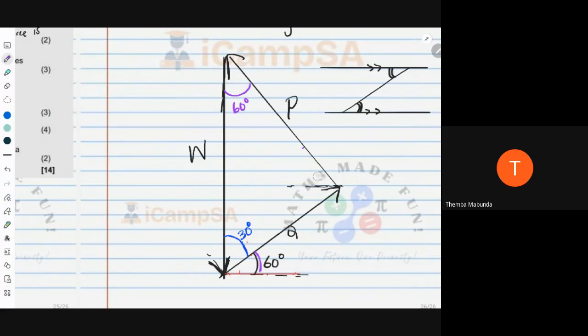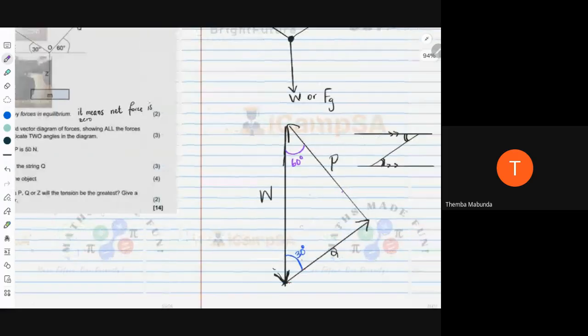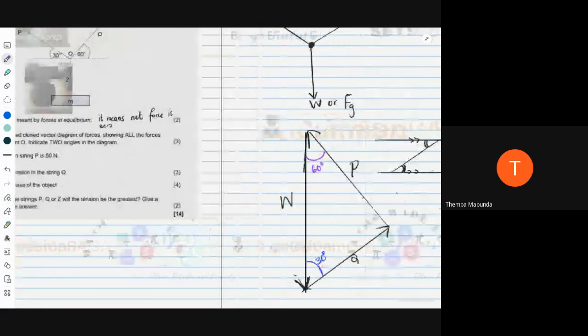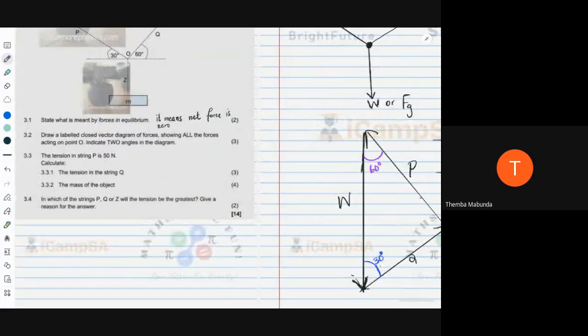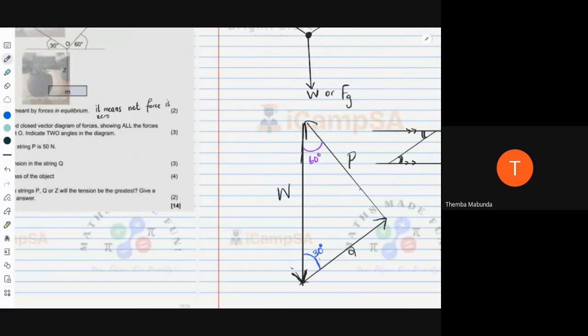So this is how your final diagram would look. Oh, I erased everything. You would remove this and maybe that, and then it would look like this. This is how your final diagram would look: the two angles that they wanted and also everything else labeled. That's how you would do it, guys.